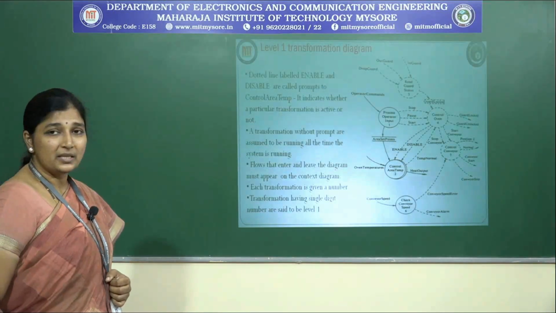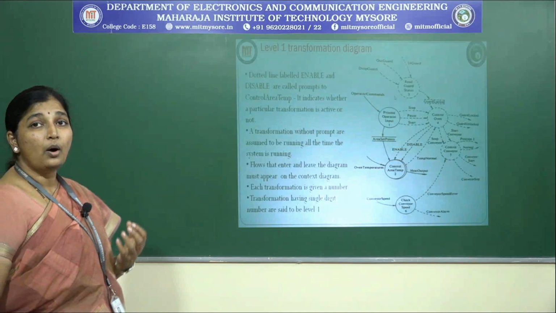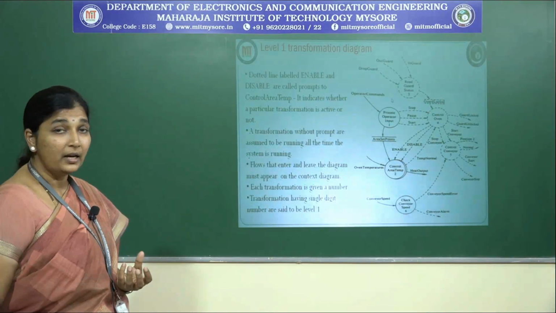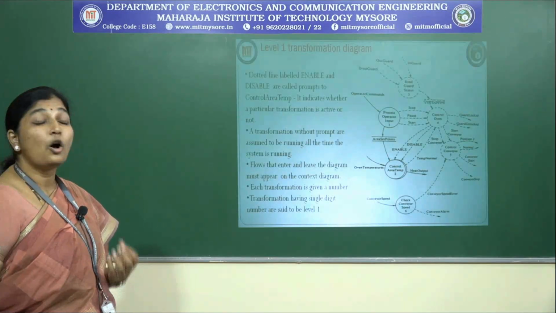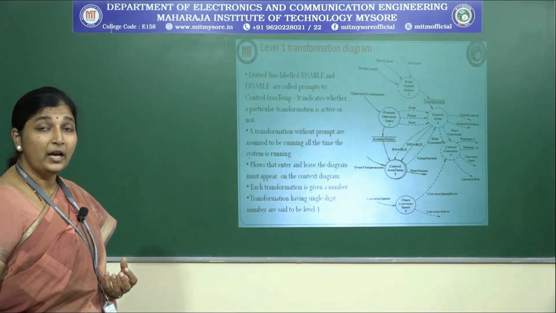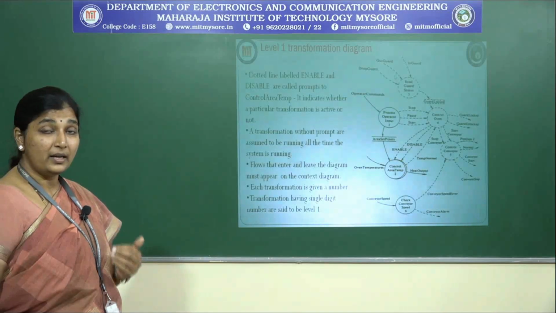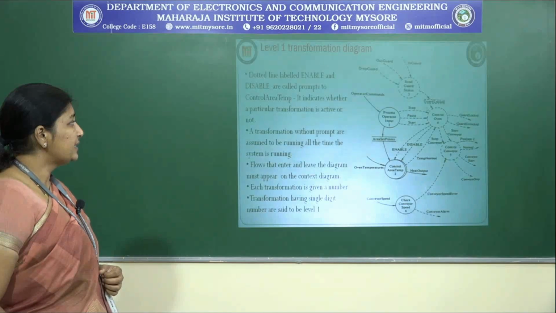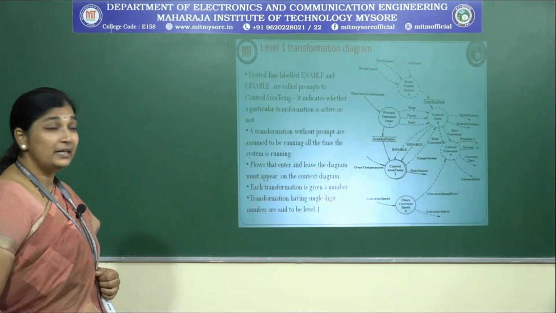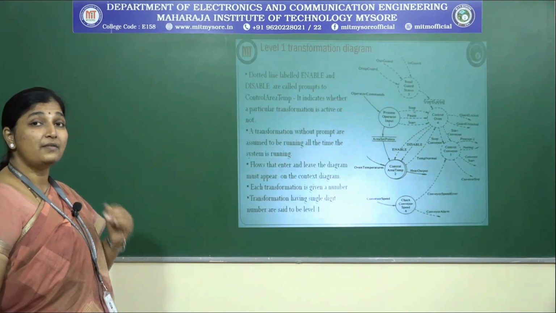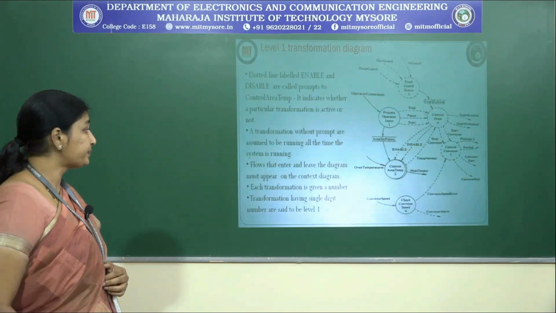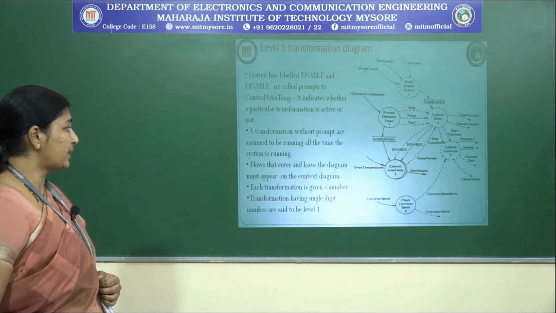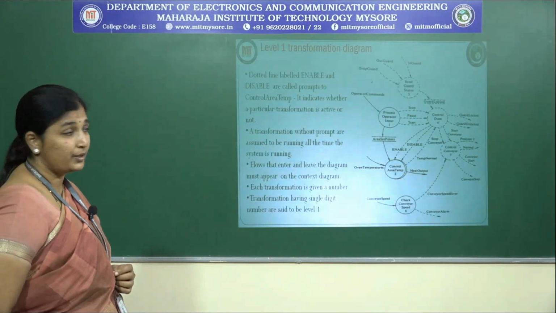So there are 6 bubbles here, which tell how many data bubbles and how many controls there are, how many prompts are available, and how many run on their own without any prompts. Since it is labeled with a single digit, it is a level 1 transformation. Transformations having a single-digit number are said to be level 1 transformations.